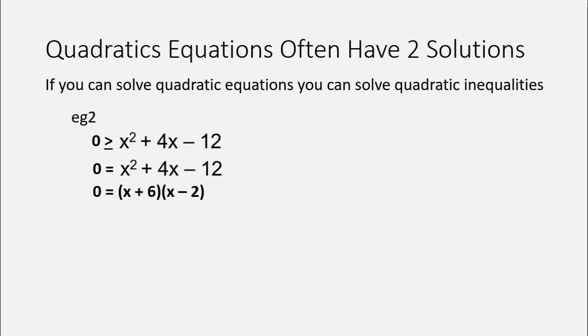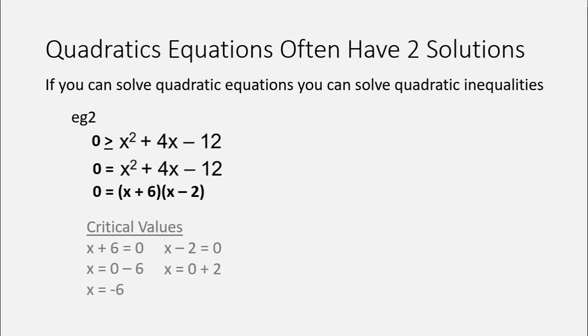So I factorize my quadratic, and from that factorized quadratic, I can find my critical values either when x plus 6 is equal to 0 or x minus 2 is equal to 0. Solving x plus 6 equals 0, x must be equal to 0 minus 6, so that's -6. And solving x minus 2 equals 0, that will just be x equals 0 plus 2, so x must be 2.